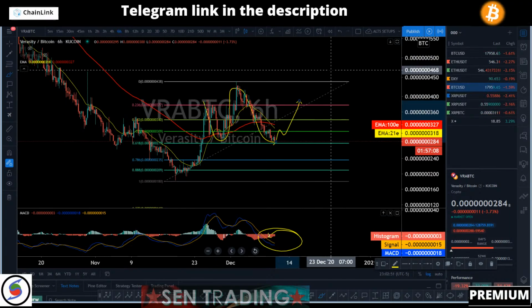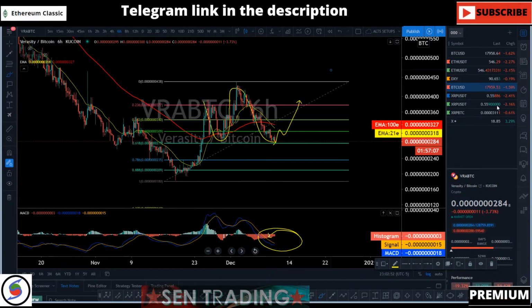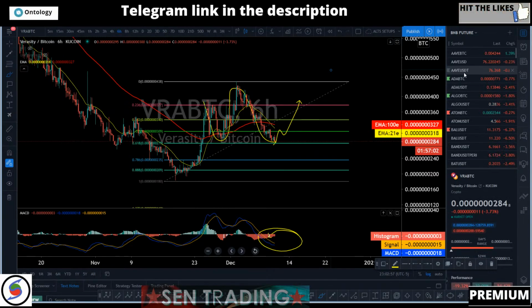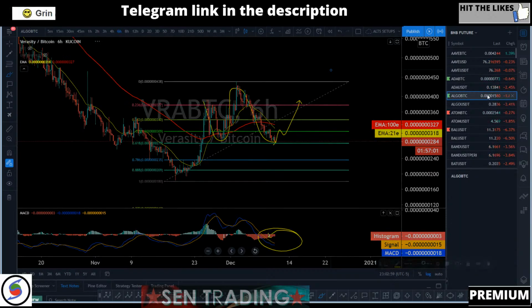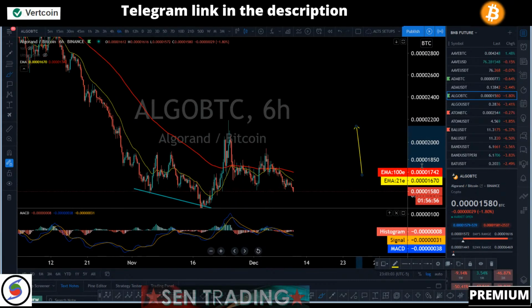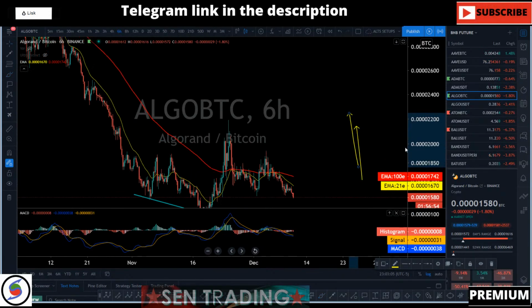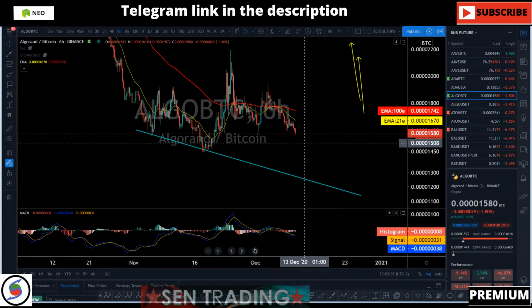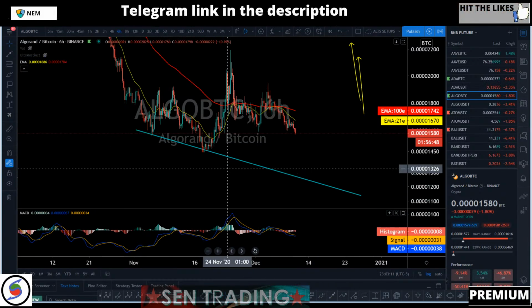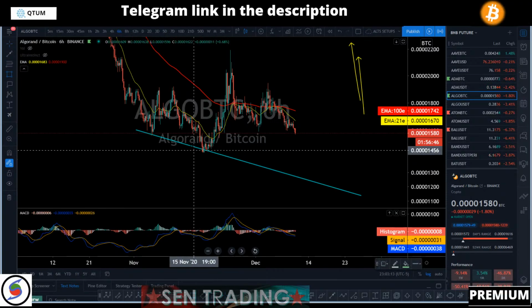So let's take a look at Algo. I don't know what the Algos are doing. So Algo BTC, that's one you've got to be paying attention to right now. Not looking so great so far. Could be dropping all the way down to the next support area.